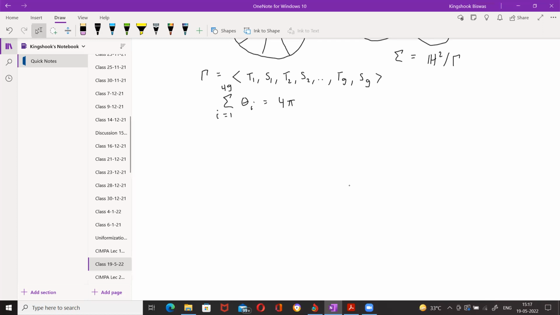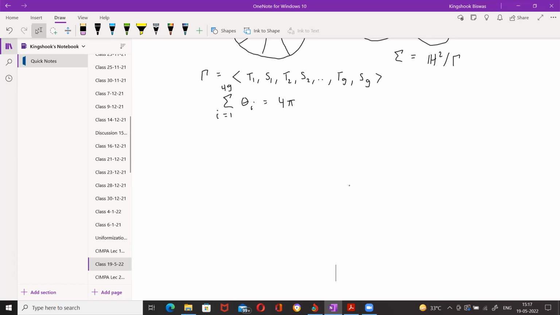Sir, you said that moduli space, is it a manifold or an orbifold? No, it's never a manifold. It's an orbifold. It's the quotient of a contractible manifold, the Teichmuller space, by a discrete group, the mapping class group.